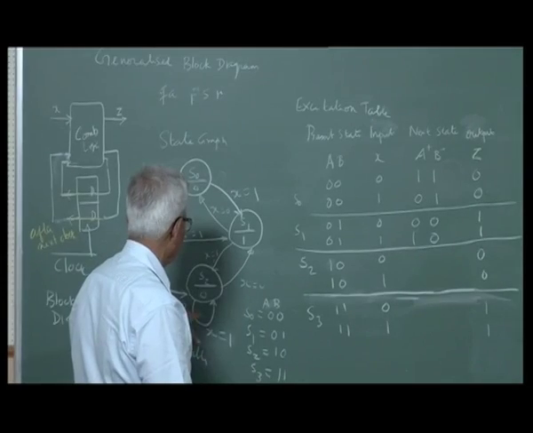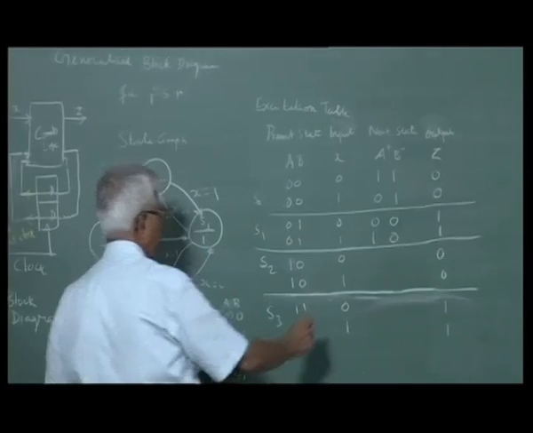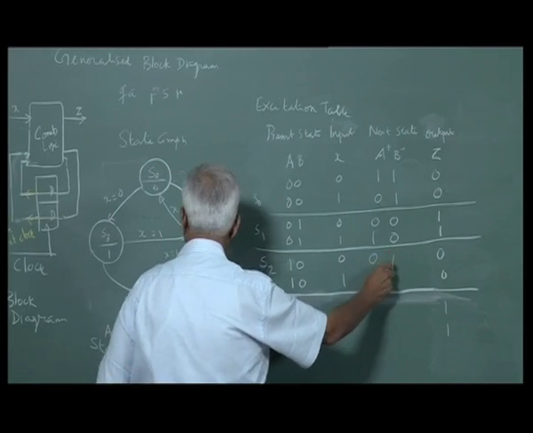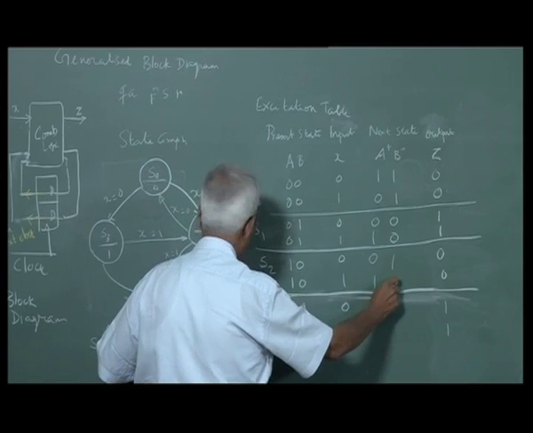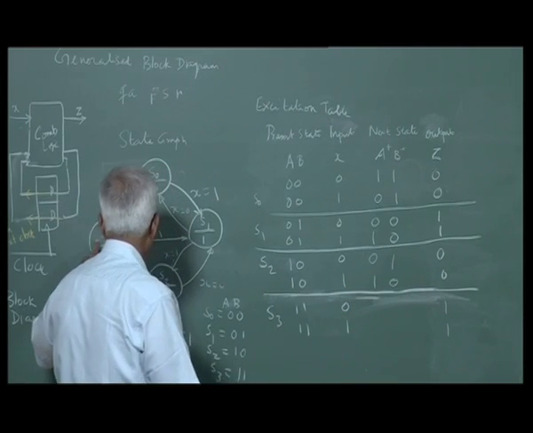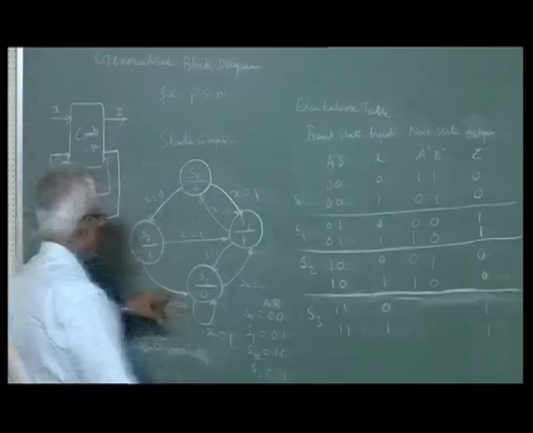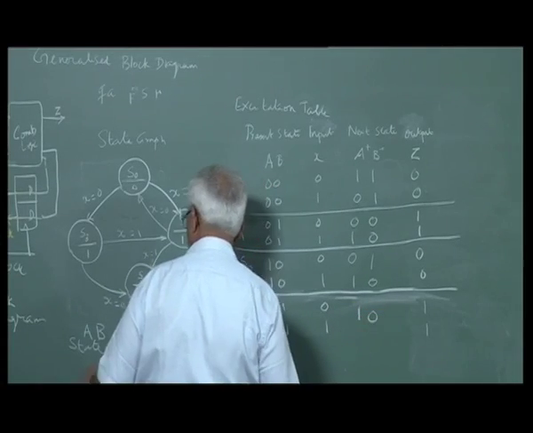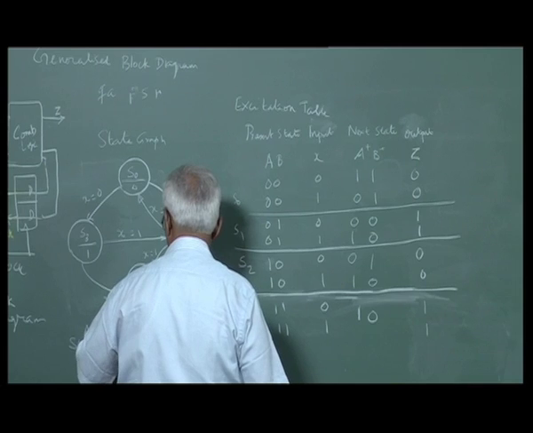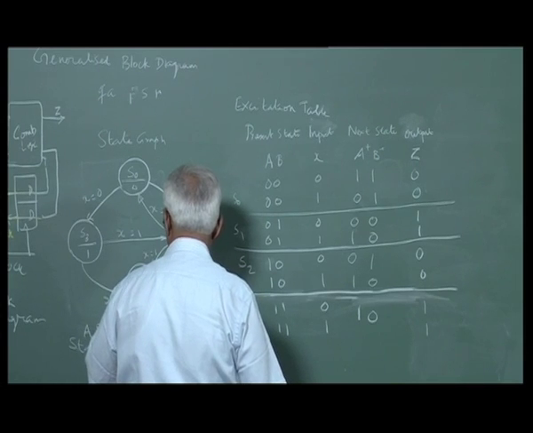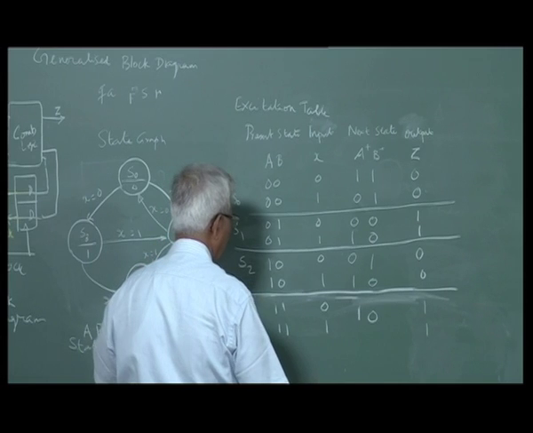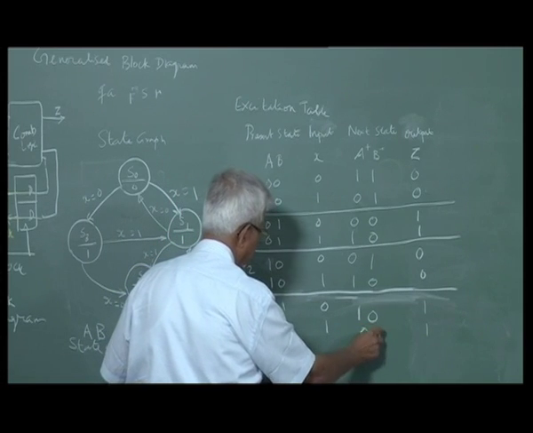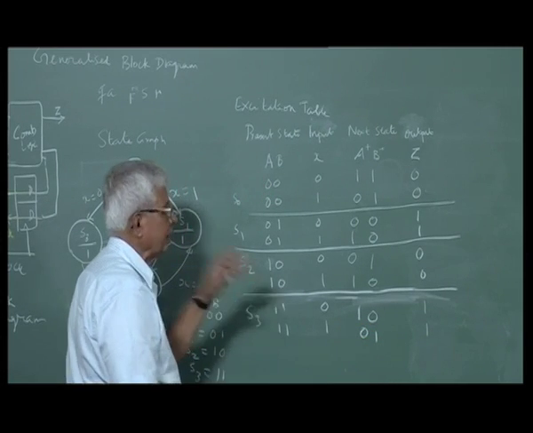S2, 0 goes to 1, 0, 0, 1. S2, 1 remains there. S3, 0 goes to 1, 0. S3, 1 goes to 0, 1. So I have neatly written the excitation table.